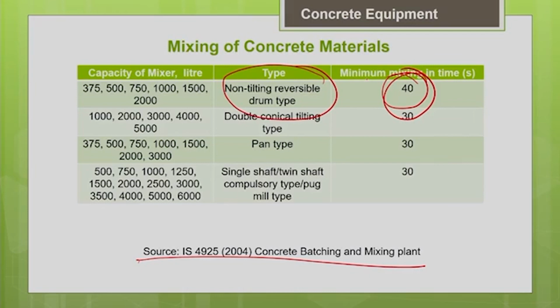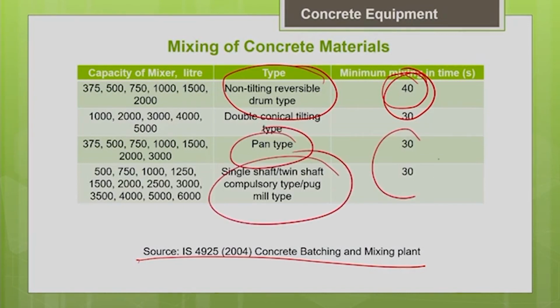Generally for a non-tilting mixer, it is more when compared to the pan type mixer and the shaft type mixer. Similarly, for different capacities of mixer machines, you can note down the minimum mixing time. This is the minimum mixing time given. We should never go below this.